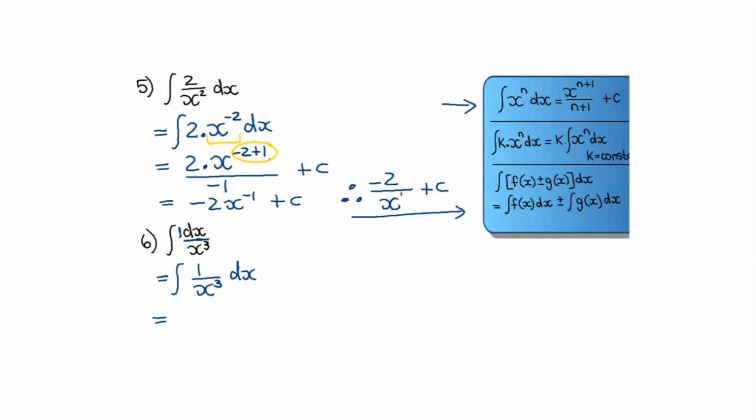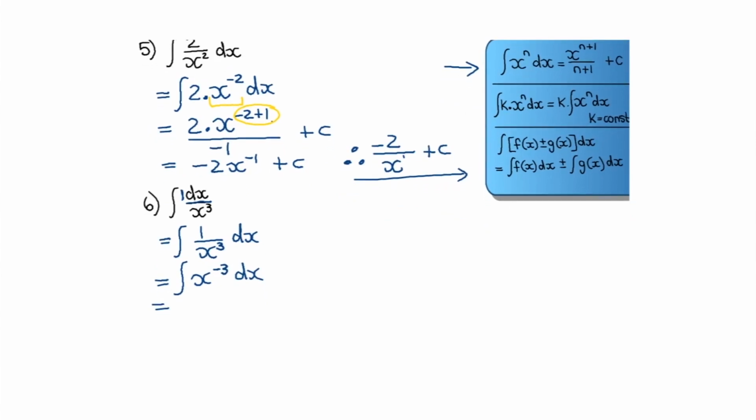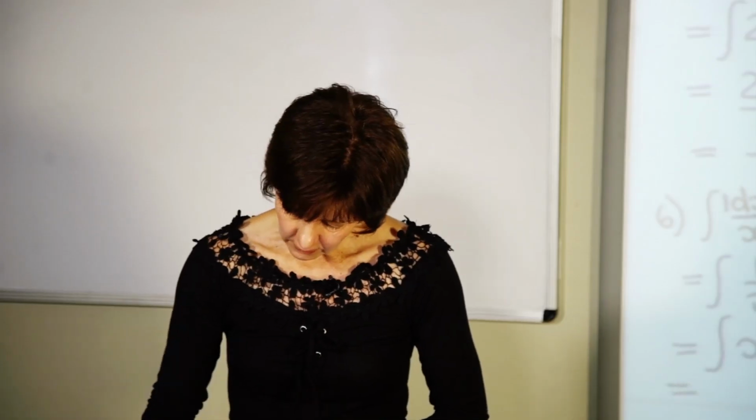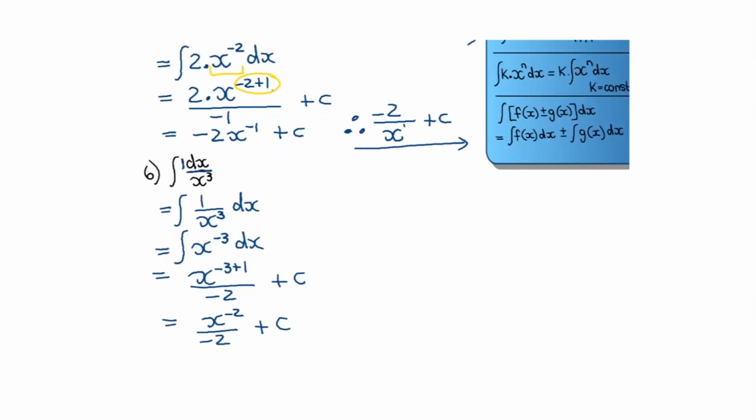We'll have to integrate x to the power negative 3 because the x with its exponent must be in the numerator. So I can use the first rule that says write down what you have, add a 1, divide by the new exponent plus a constant. So I've got x to the power negative 2 over negative 2 plus a constant.